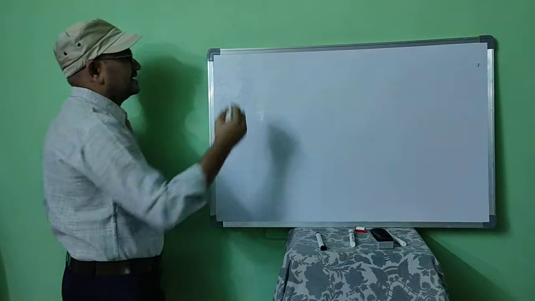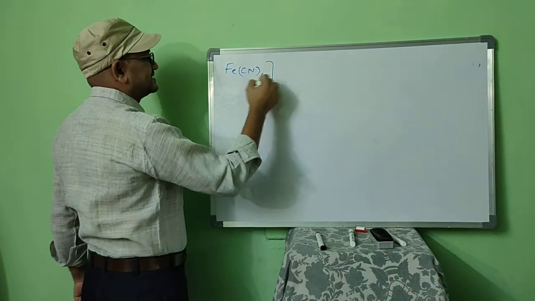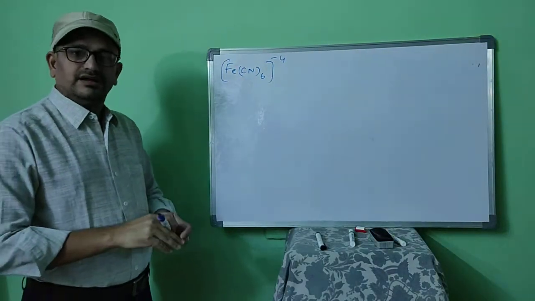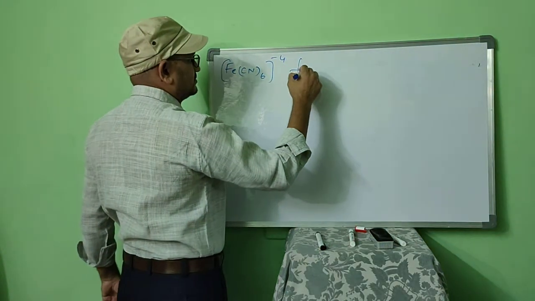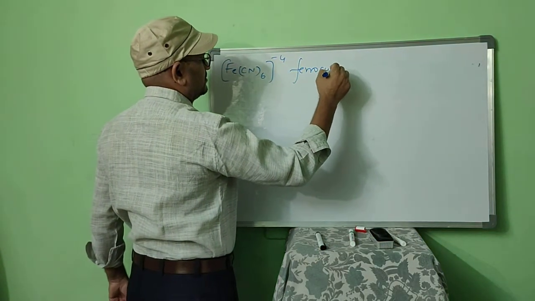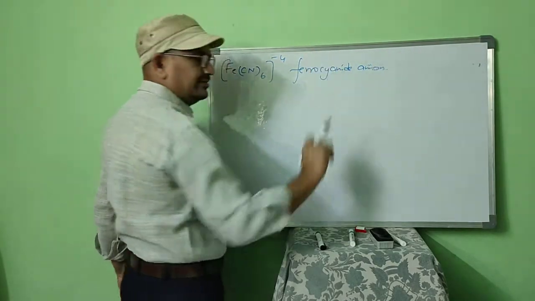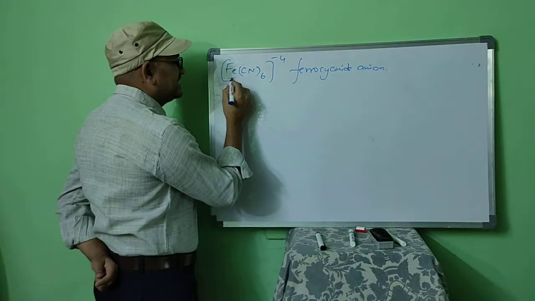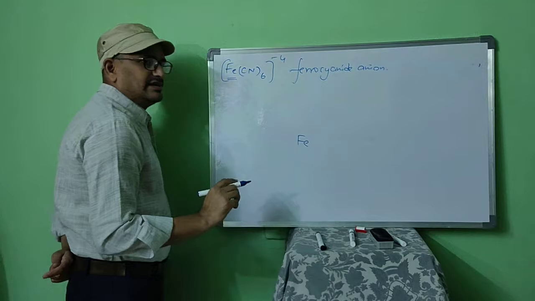Right? Let us take one more case for Lewis acids. Suppose you take the [Fe(CN)6]4- anion, the ferrocyanide anion. Here in this particular species, the central atom is Fe+2.